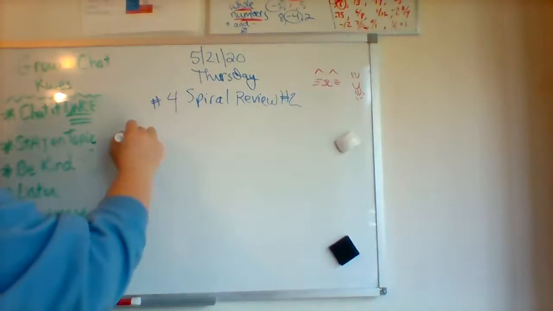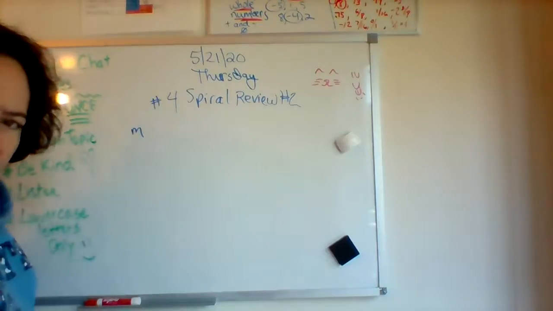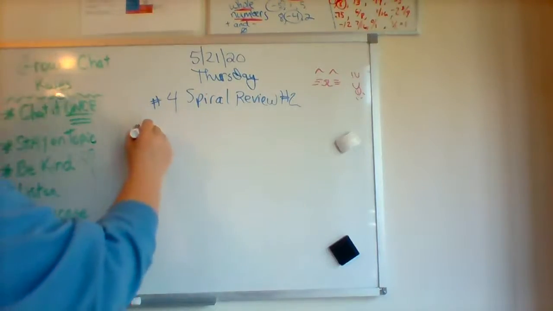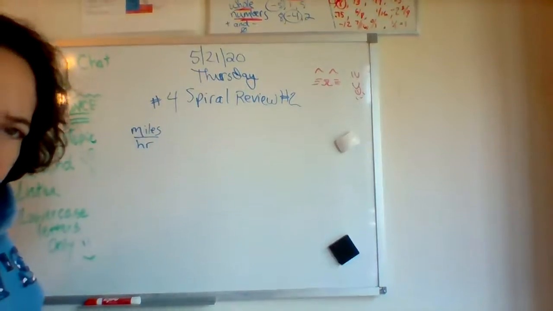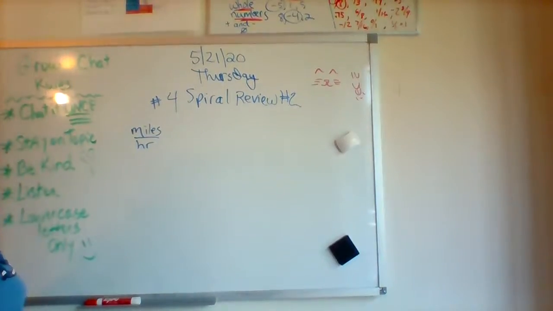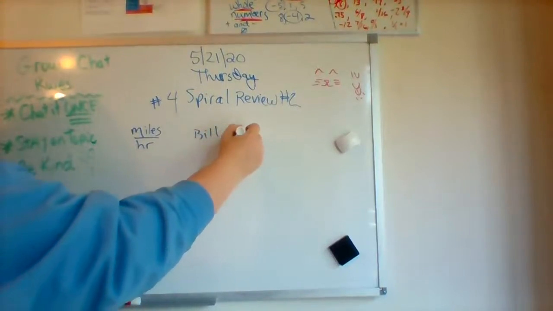And we're looking for, it looks like, miles per hour, right? Are they both in miles per hour? Because that'll make it easier to compare. Yes, they are both miles per hour. There's no mixing of, like, feet per minute or whatever, so we don't have to worry about that. We got Bill versus Kevin.